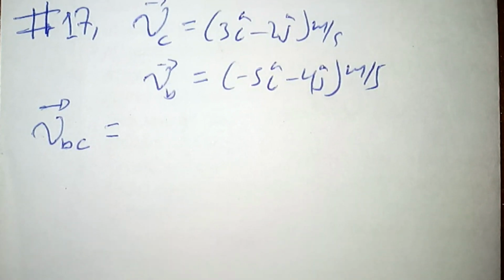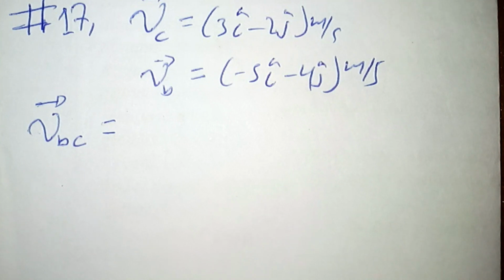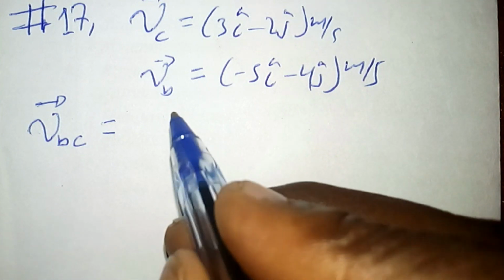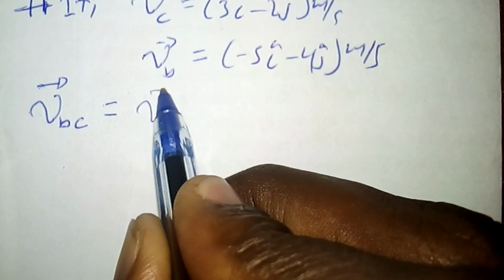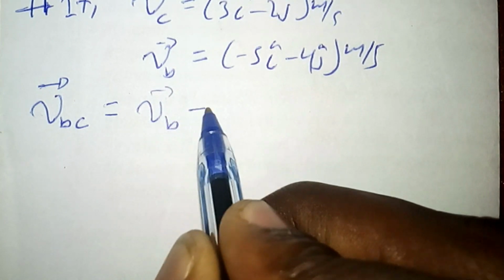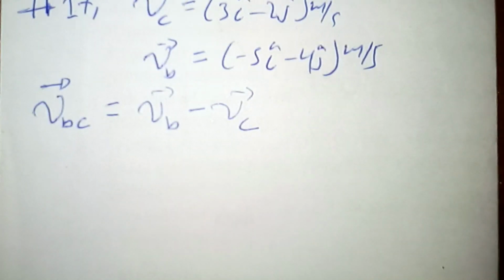So the velocity of a car and the velocity of a bus are given from the ground observers. What is the velocity of the bus according to the car's driver? This means the relative velocity of the bus with respect to the car is the vector difference of the velocity of the bus and the velocity of the car.